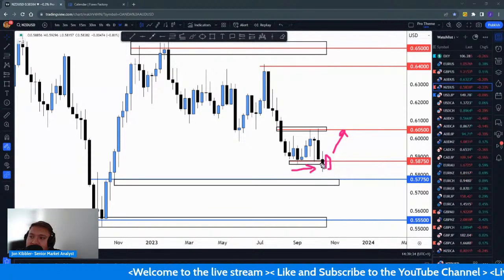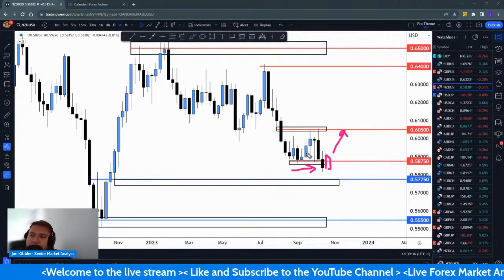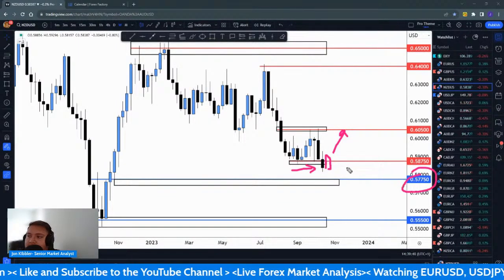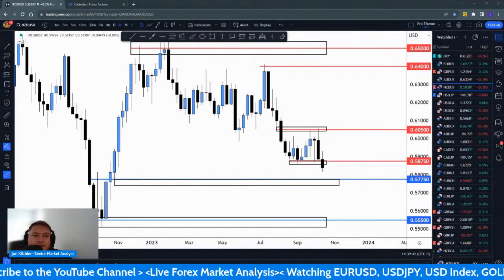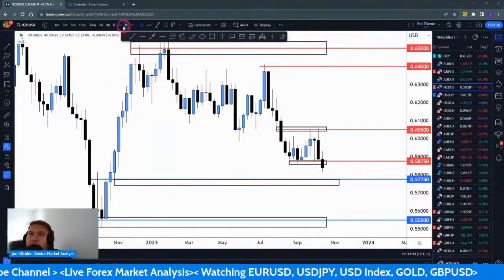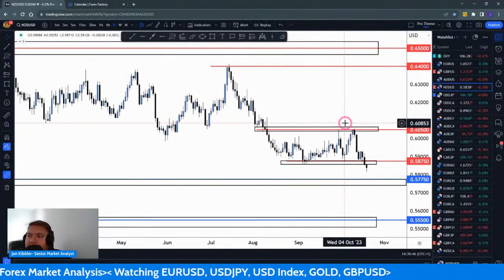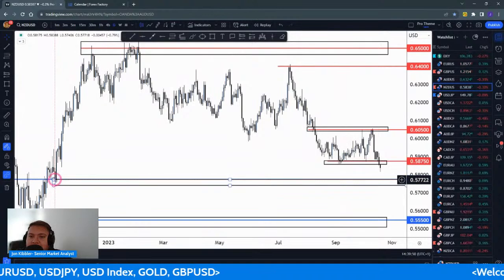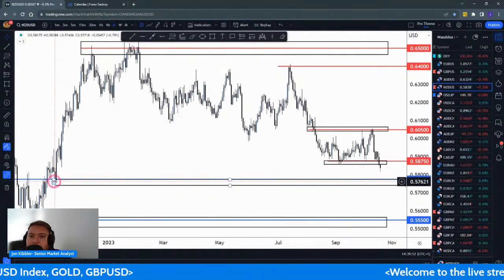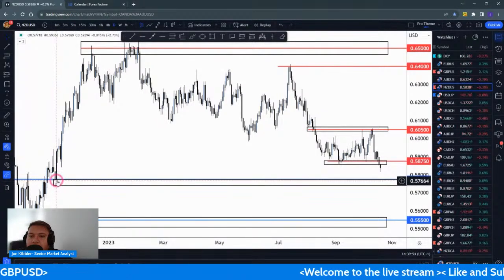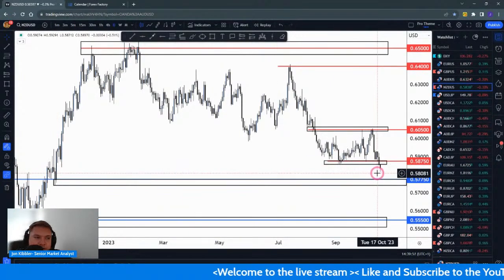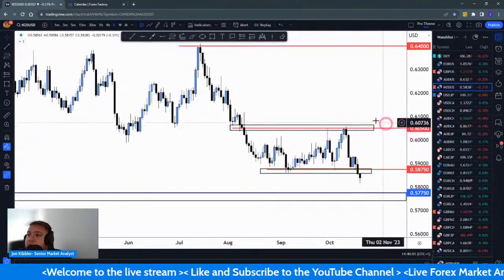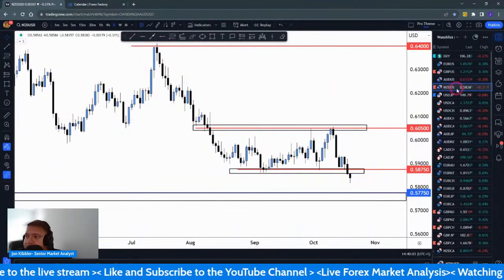But if we don't, and we get a clear weekly close below, then it could come down to the next level of support, which I've got marked in as 57.75. So that's why I'm still on the side of getting a little bit of Kiwi weakness. You can see down in here, we've got that supporting level back in November of 2022. That's what I want to try and target on Kiwi dollar. So yeah, I like that one.